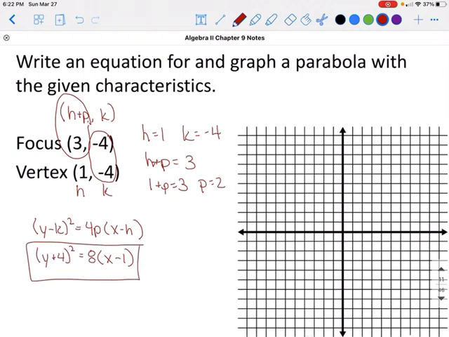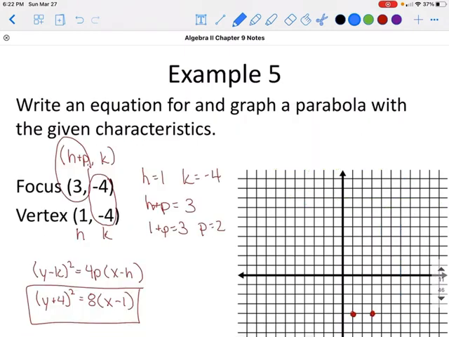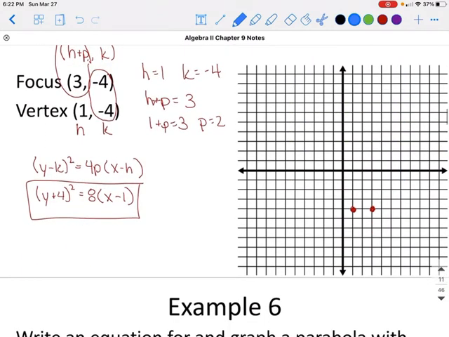So here's our equation. We already know that our vertex is at 1, negative 4. We know our focus is at 3, negative 4. We know our axis of symmetry will go through our vertex and our focus. The last thing we will have to find then is our directrix.